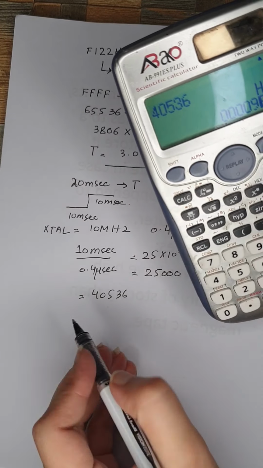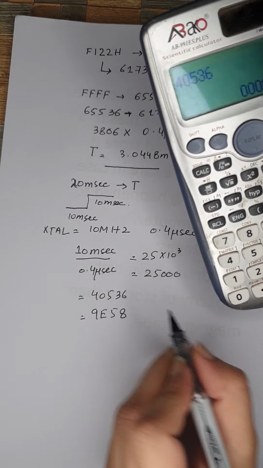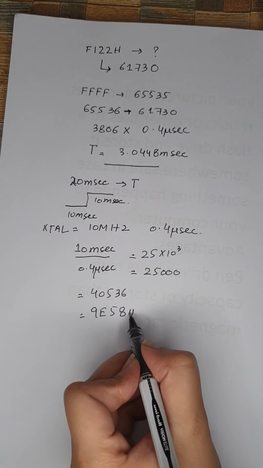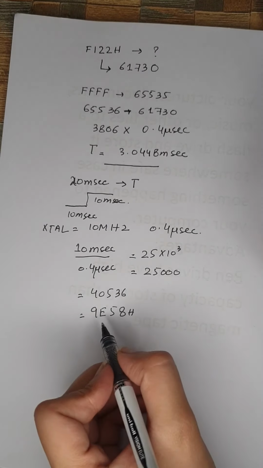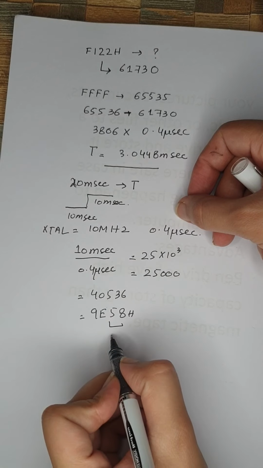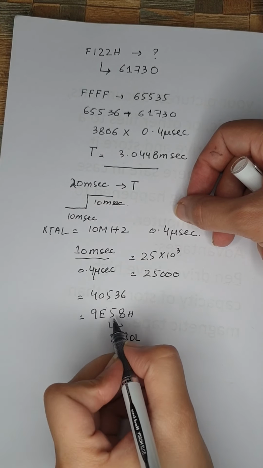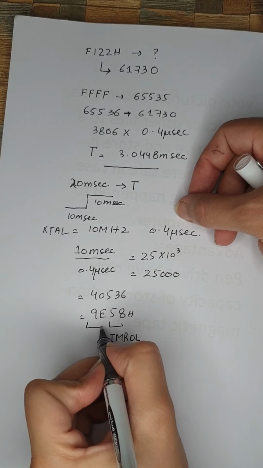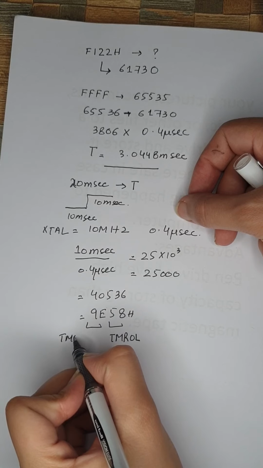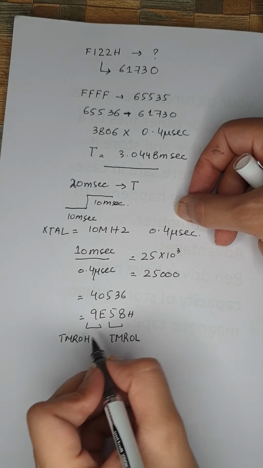Let's convert it into hex. This becomes equal to 9E58 hex. So the timer 0 register lower byte is loaded with 58 hex, while the timer 0 higher byte is loaded with 9E hex.